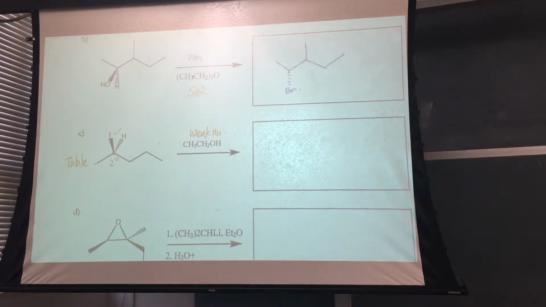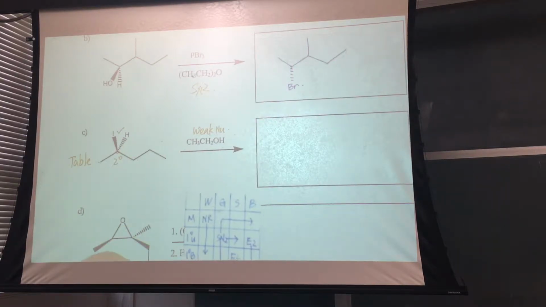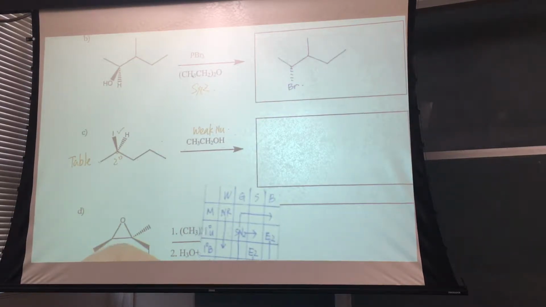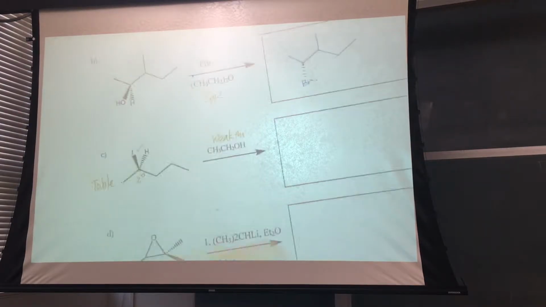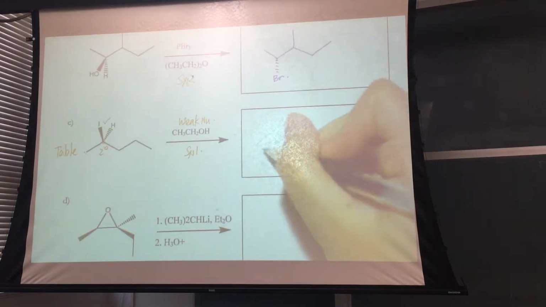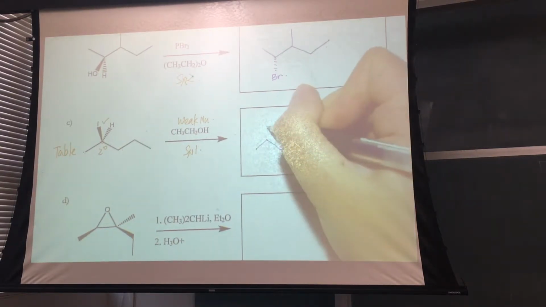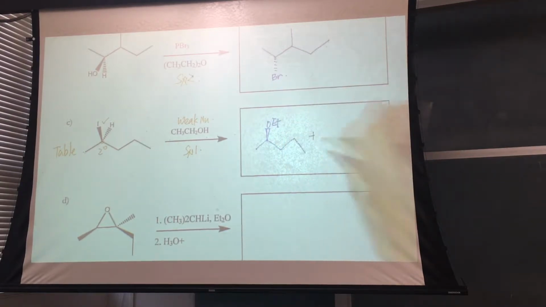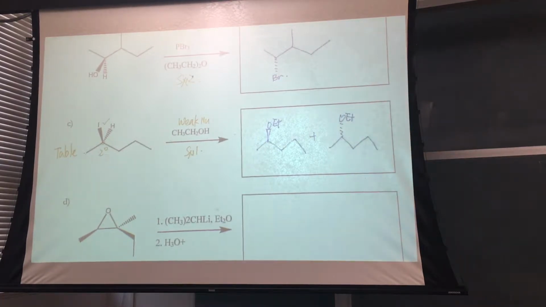So on my table, secondary weak nucleophile is going to be SN1. And then for SN1, I hope you all can write the product directly without writing out the mechanism. You should know that this one is going to generate racemic product. Okay?